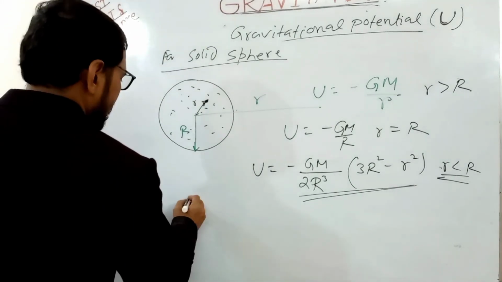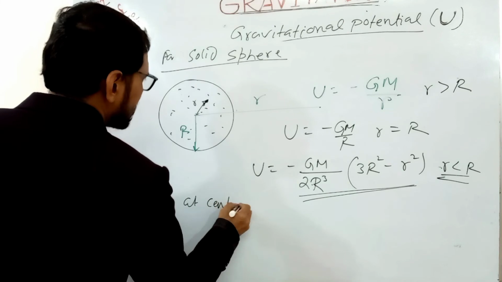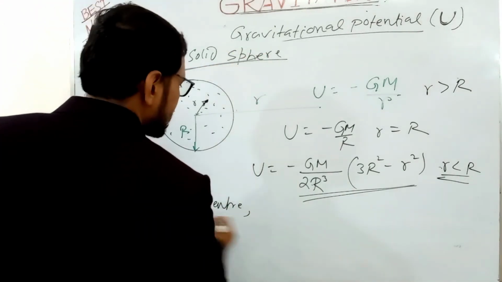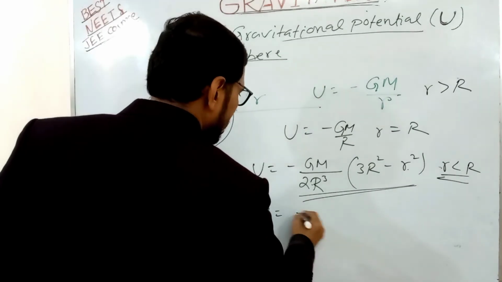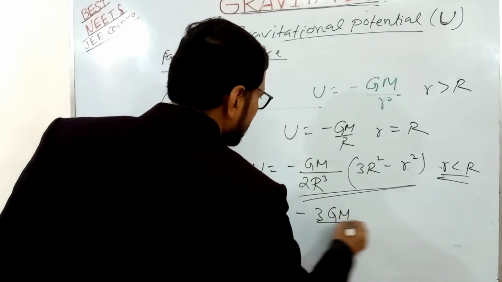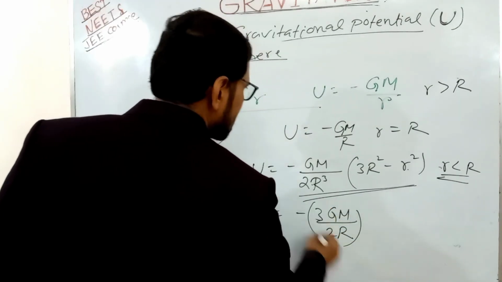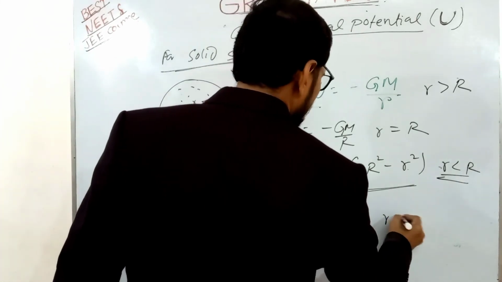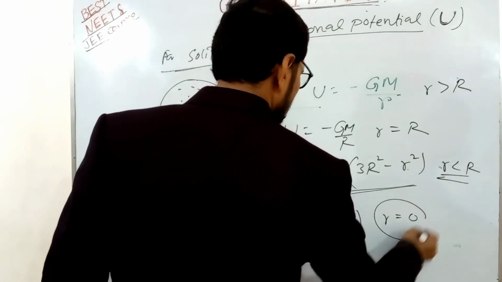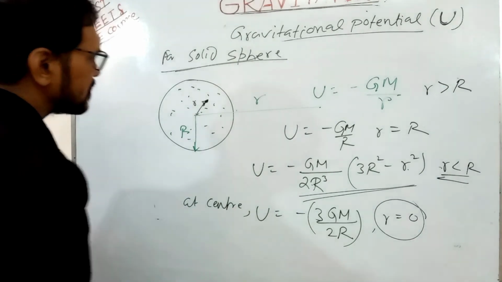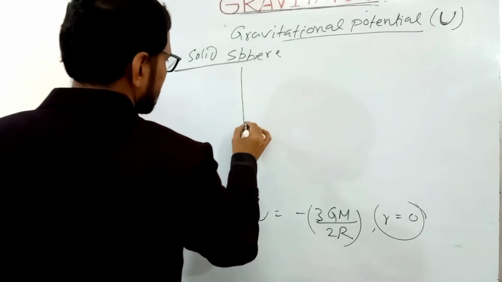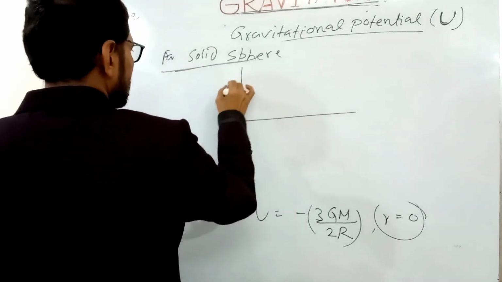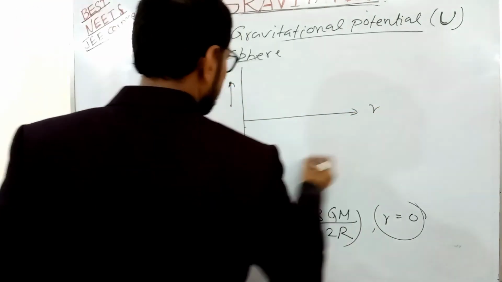Now at the center of the solid sphere, what is the value of U? If we put r equal to 0, the result will be minus 3 G M by 2 R. This is the result at the center, when r equal to 0. Now what is the graph of U versus r?